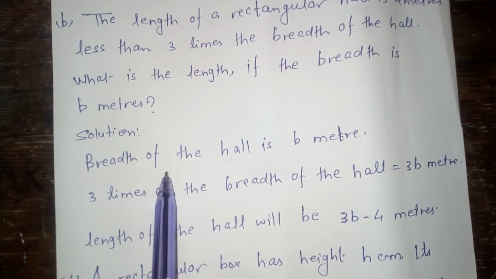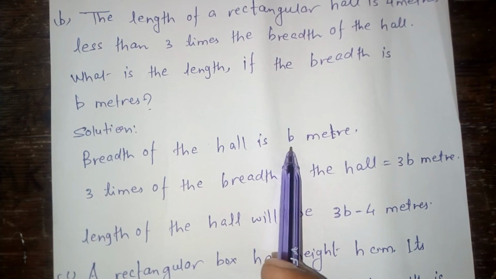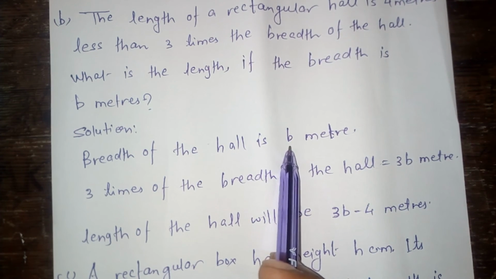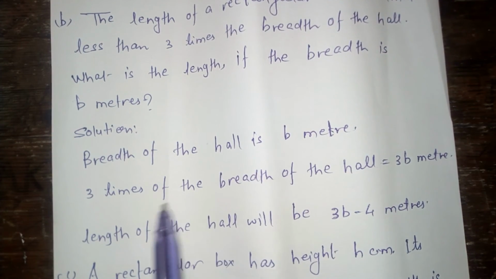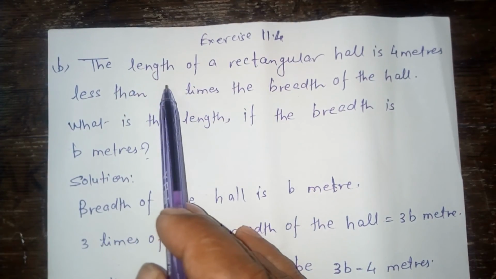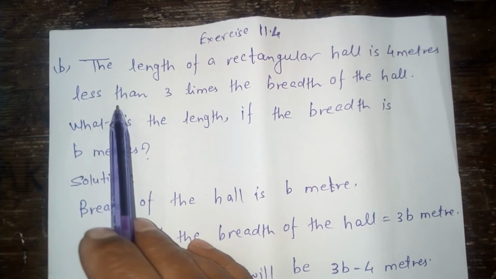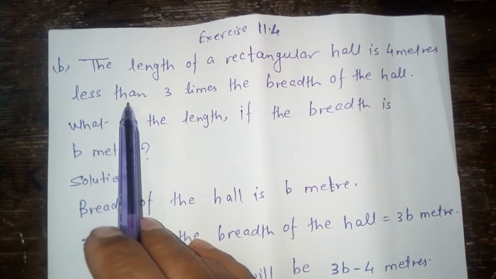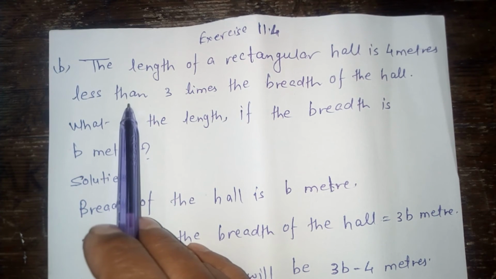Your solution is: breadth of the hall is b meters. b is one type of variable. This is the variable. According to the statement, the length of the rectangular hall is 4 meters less than 3 times the breadth. 4 meters less than means we can apply the minus sign.